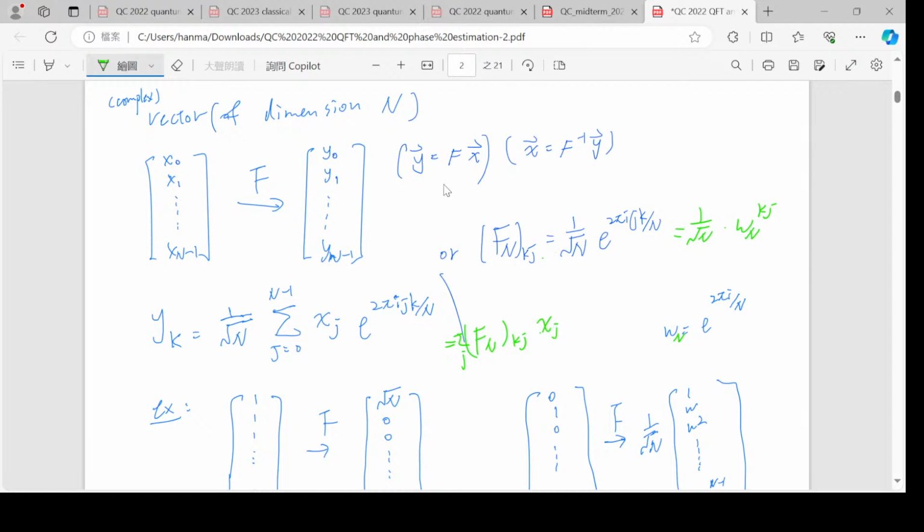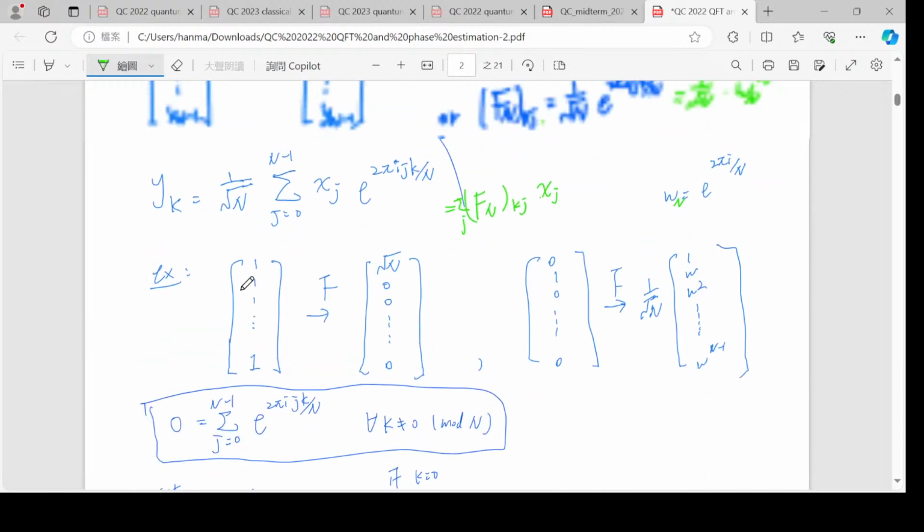Then we have x_j here and F_kj here. So y_k should equal this thing. We're just taking out this 1 over square root n because it doesn't depend on j. So y_k is 1 over square root n, sum over j, x_j times omega_n to the kj power, so e to the 2 pi i jk over n.